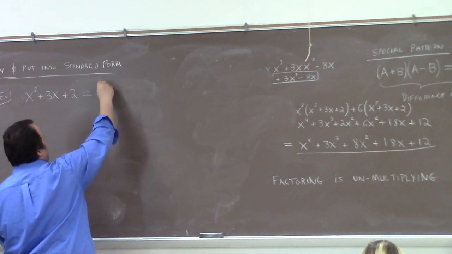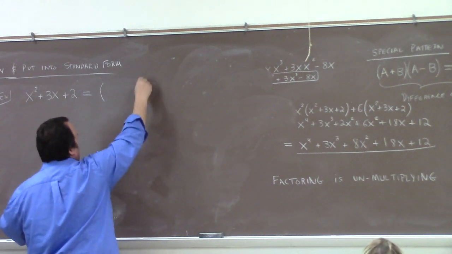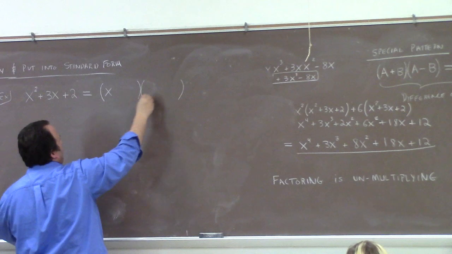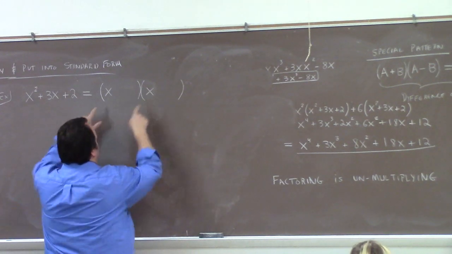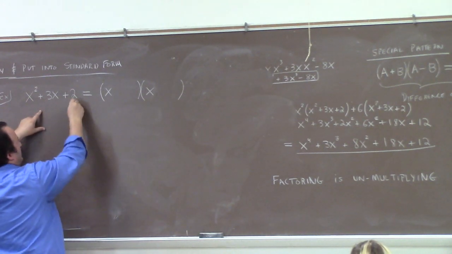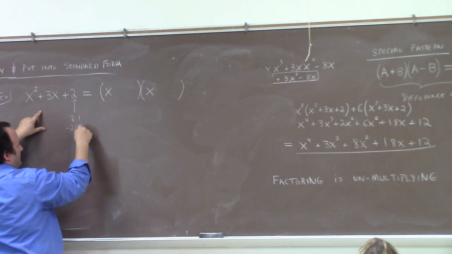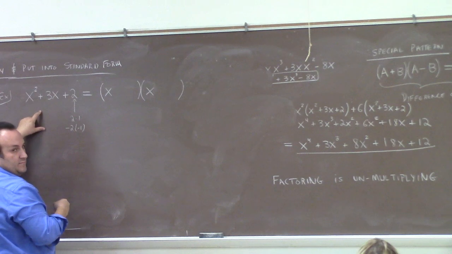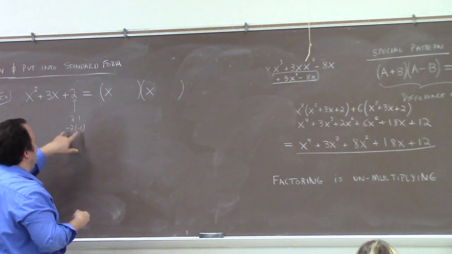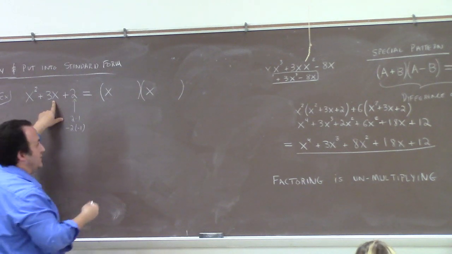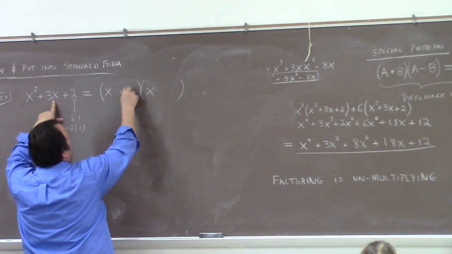So what I do is I put down myself kind of a blank template. I put x here and here. I think about 2. 2 is what? It's 2 times 1, right? Or it's minus 2 times minus 1. But I don't want the minuses because I've got a plus 3 here. So I do plus 2, plus 1.